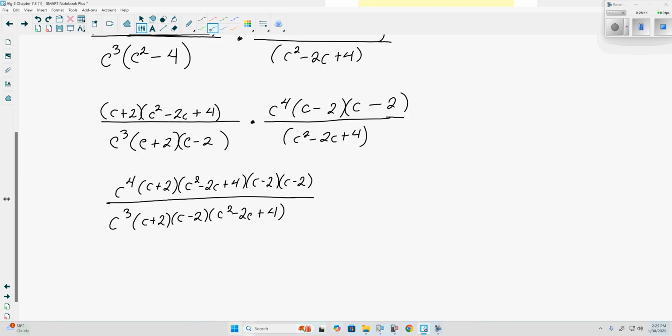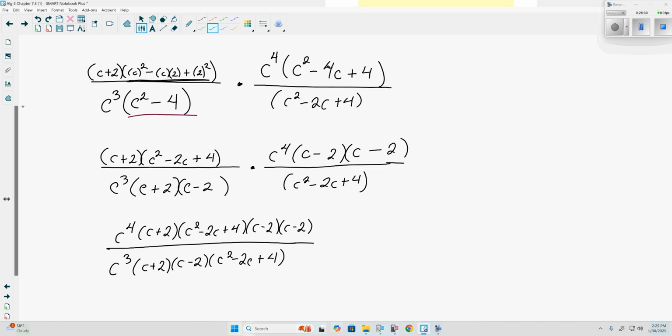Any questions on what we've done so far? So we factored. That's actually about all we've done so far. Because c squared minus 4 is c plus 2, c minus 2.